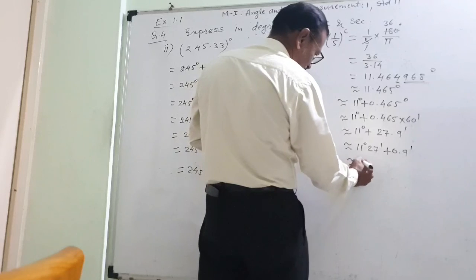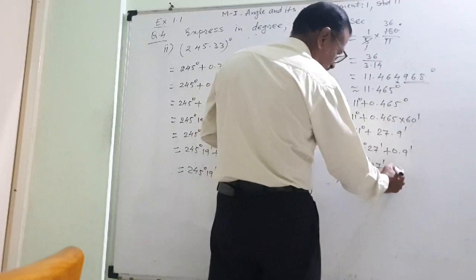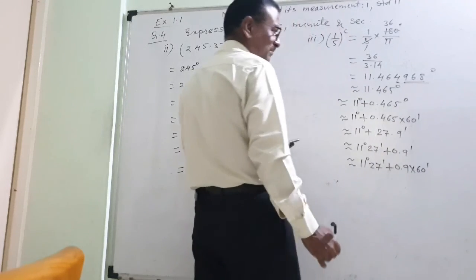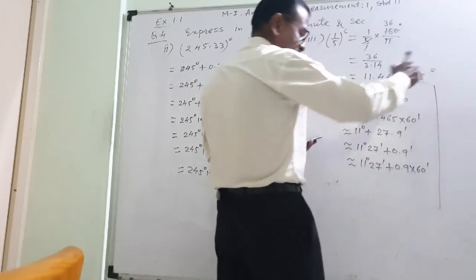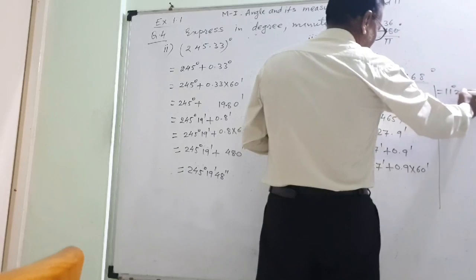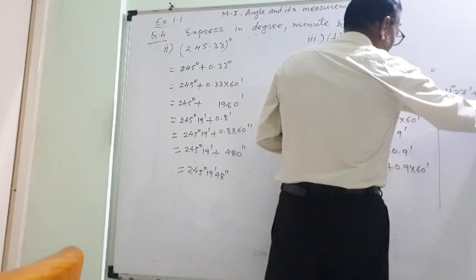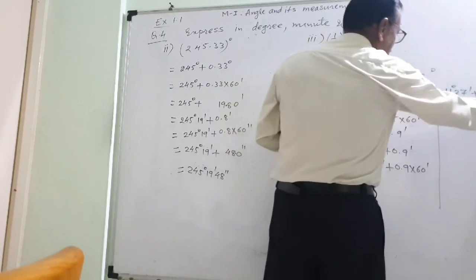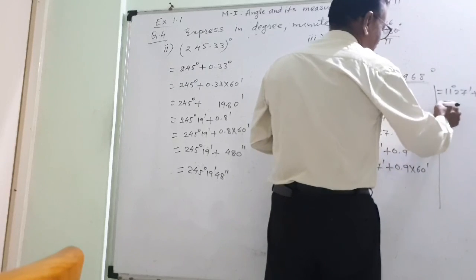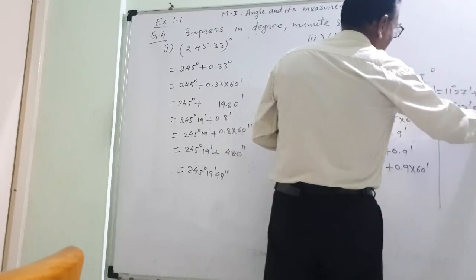So that is approximately equal to 11 degree 27 minutes plus 0.9 into 60 seconds. Okay, the remaining part I will solve here. That is equal to 11 degree 27 minutes plus 9 6s are 54 and this 0, 1 decimal, 1 decimal. These are the seconds. So that is equal to 11 degree 27 minutes and 54 seconds.